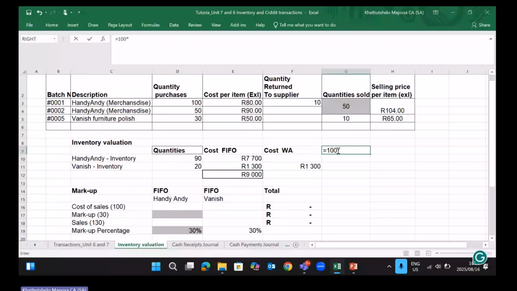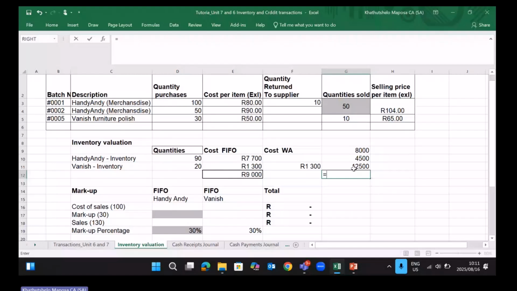And the second ones we have bought 50 for 90 rands, and then we got 4,500. Then you add the two, you got 12,500. Then you divide by the total, which is 100 plus 50, which is 150.